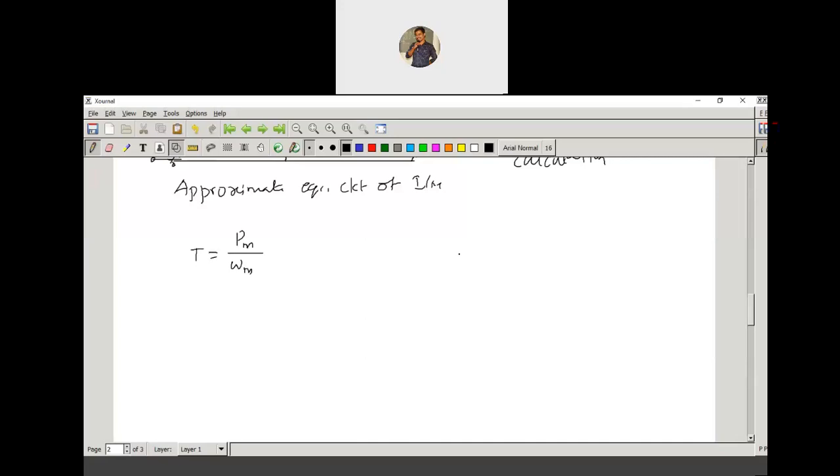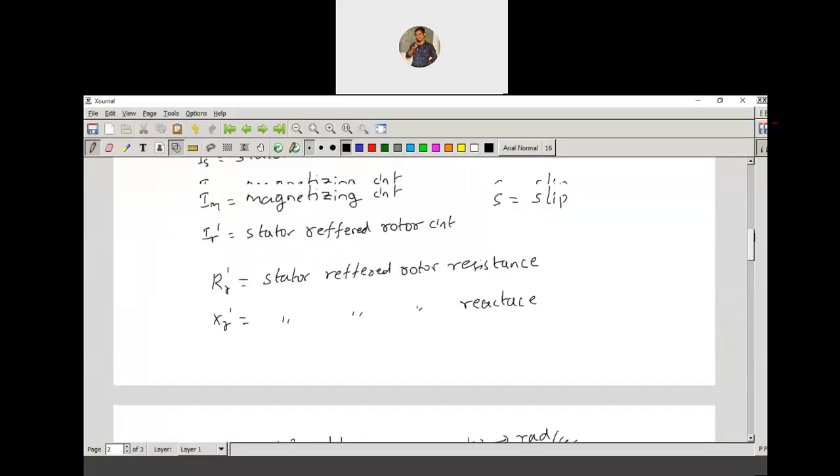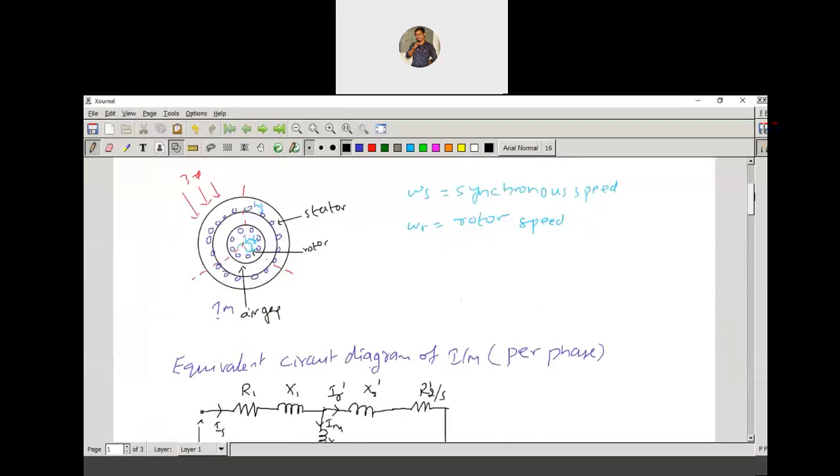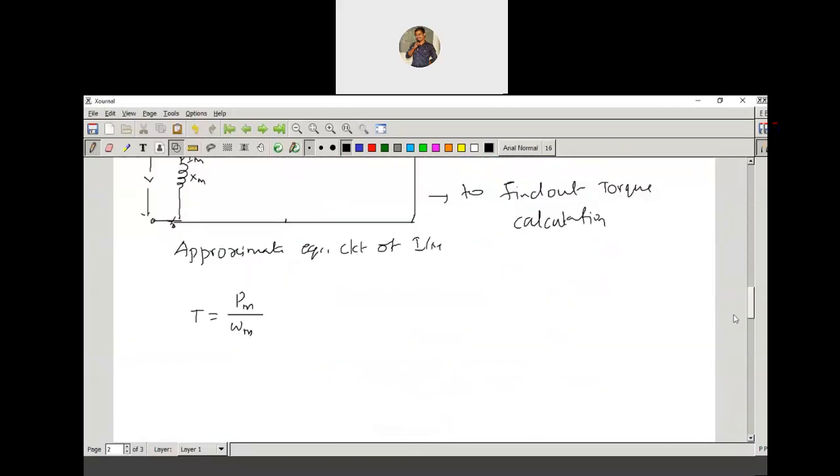Here we call it omega m or omega r. You can also take the synchronous speed as omega ms or simply omega s. So this is the torque equation.